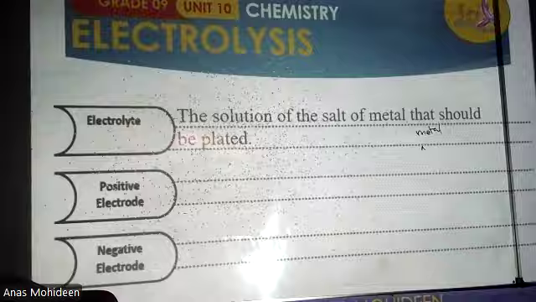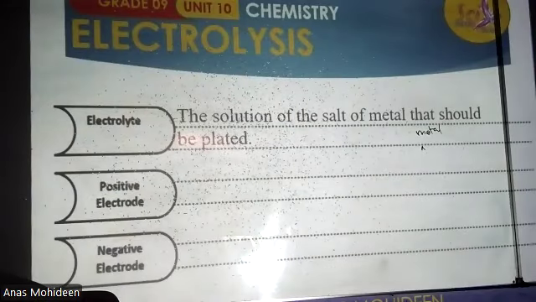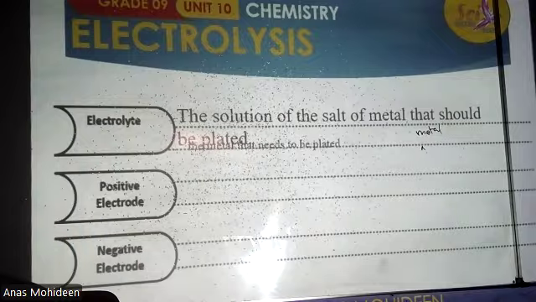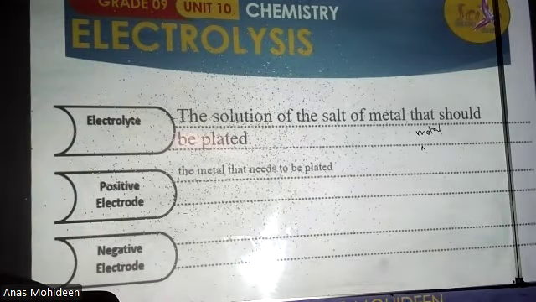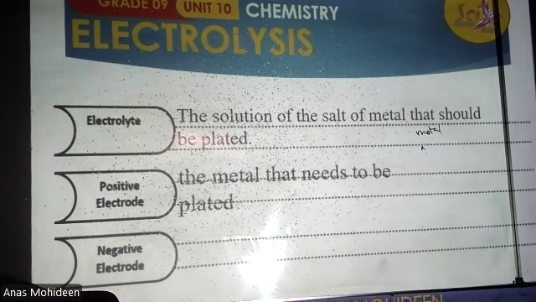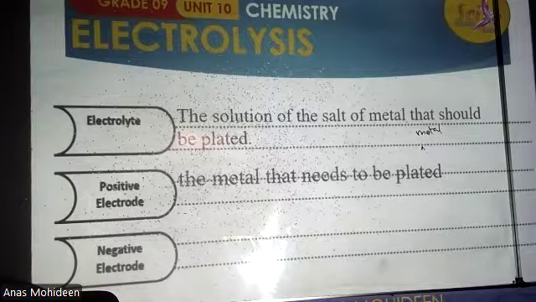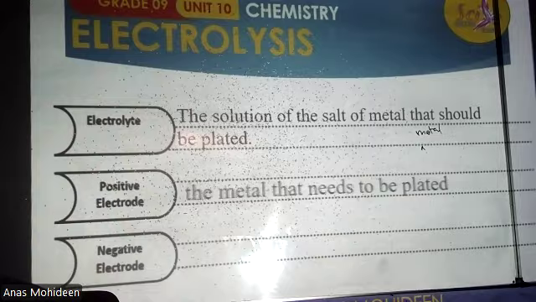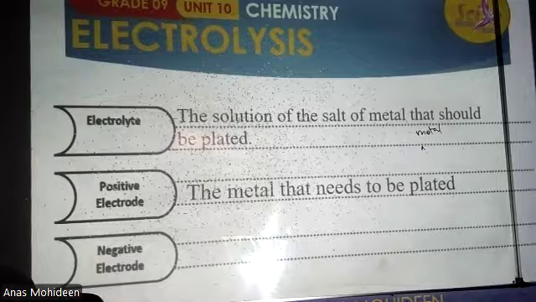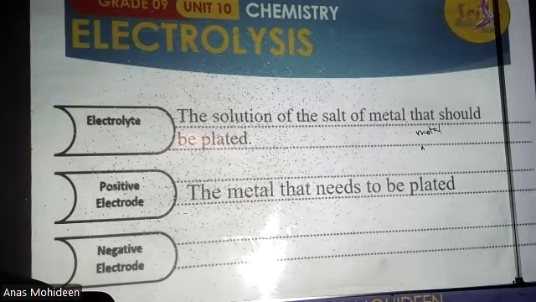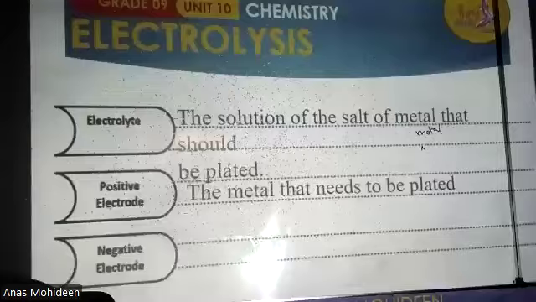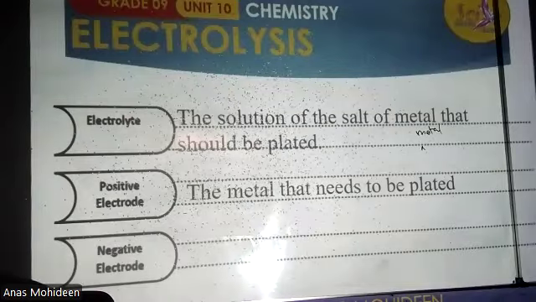And then we write the positive electrode. Whom are we using as the positive electrode? Let's write there: the metal that needs to be plated.